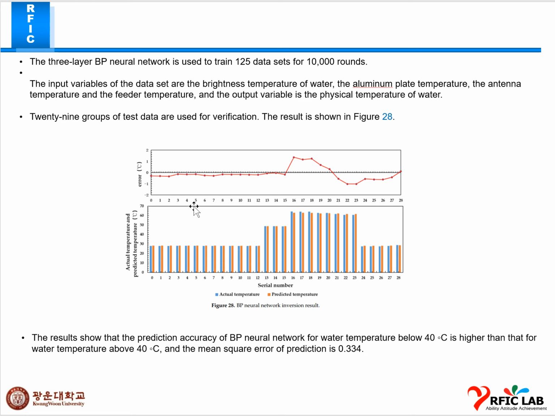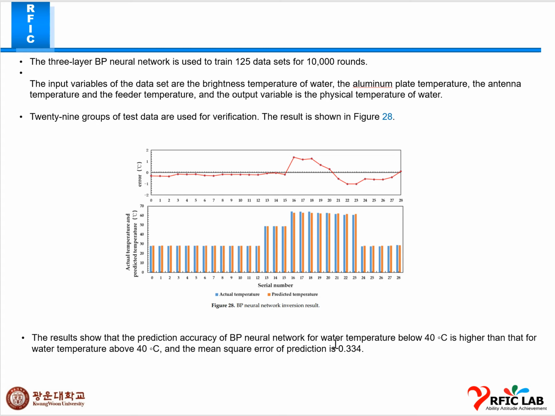As you can see in this figure, the blue bar is the actual temperature and the light yellow is the predicted temperature. The first graph is about the error, and this is the actual versus predicted temperature, done for 28 tests.